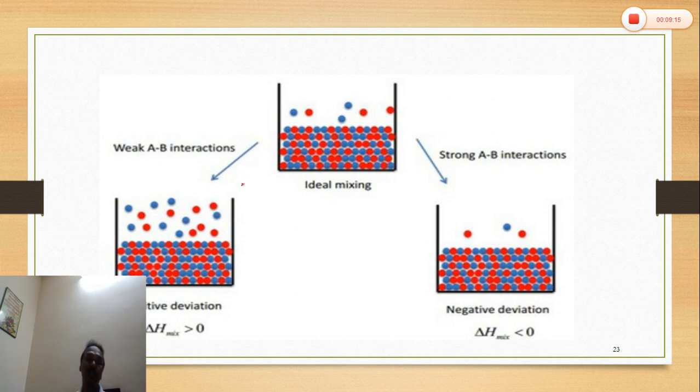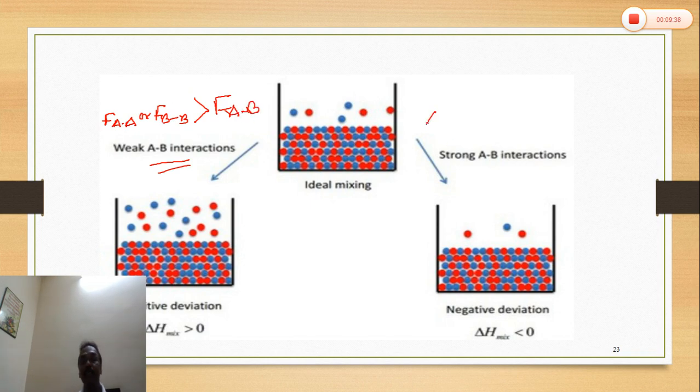In positive deviation, the AB interaction is weaker, and in negative deviation, the AB interaction is more. We already studied that here FAA or FBB interaction is more than FAB interaction.